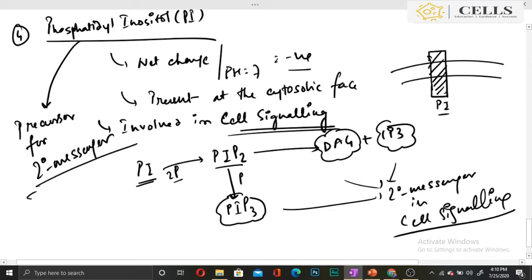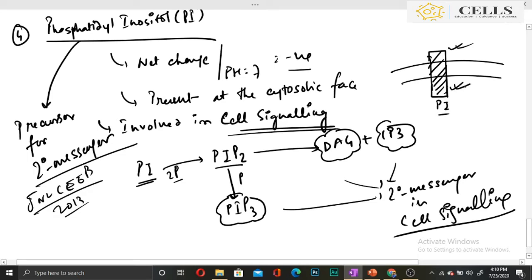It's a question from JNU CSIR 2013. So the precursor for secondary messenger is PI, phosphatidyl inositol, which is present in the cytosolic domain. Why? Because you need to do the cell signaling within the cell. That's why you need this kind of phospholipids in the cytosolic domain.